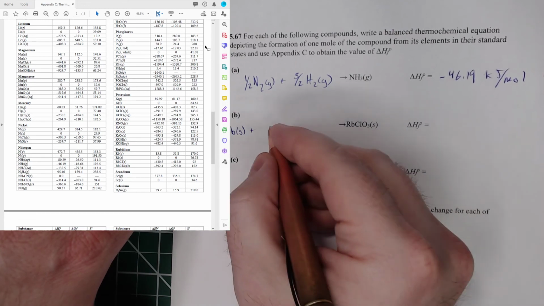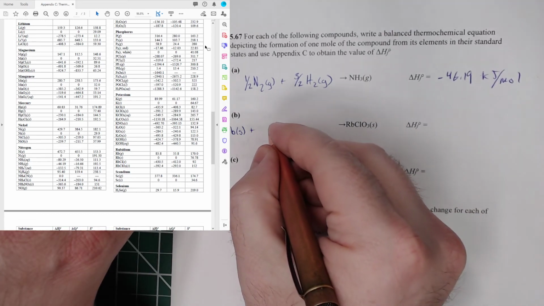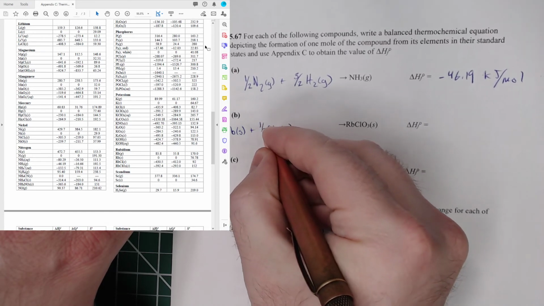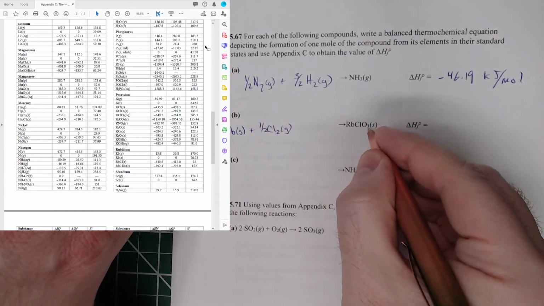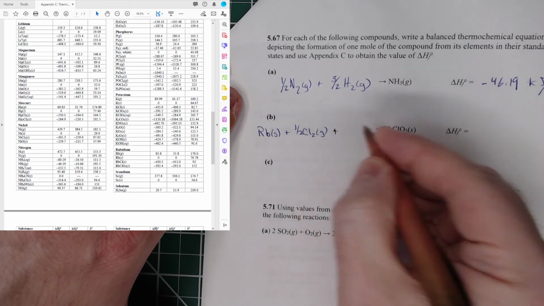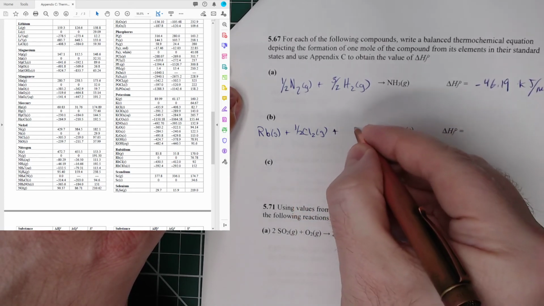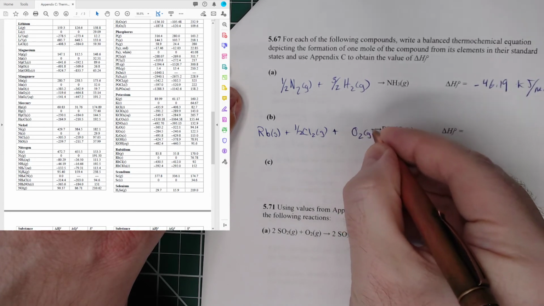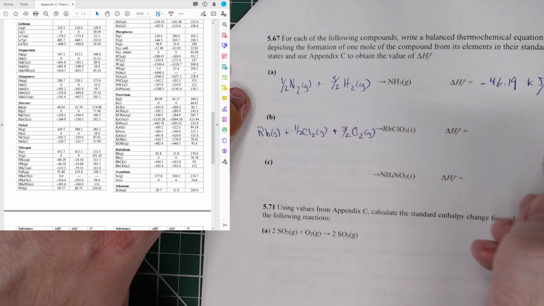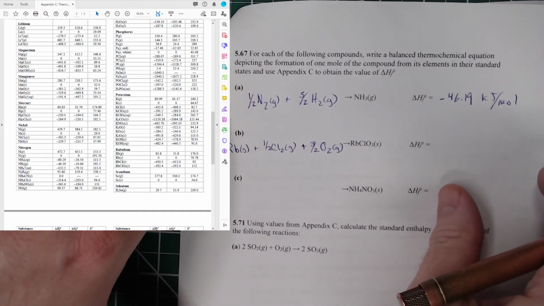For chlorine, elemental chlorine, it's one of the diatomics. So it is Cl2 gas. And we'll need half a mole of that to get 1 mole of chlorine atoms. And then finally, for the oxygen, we already know that oxygen is O2 gas. And to get 3 there, we're going to need 3/2 of a mole of that.